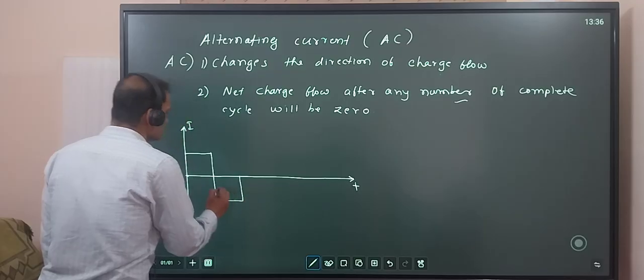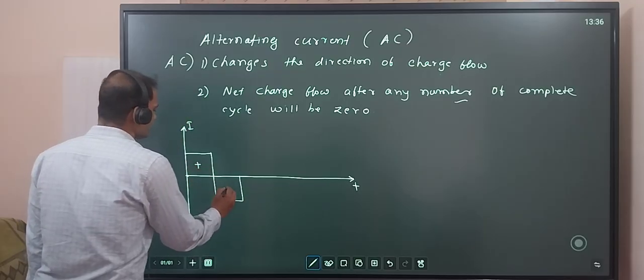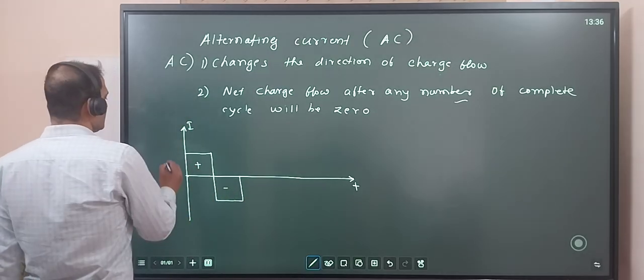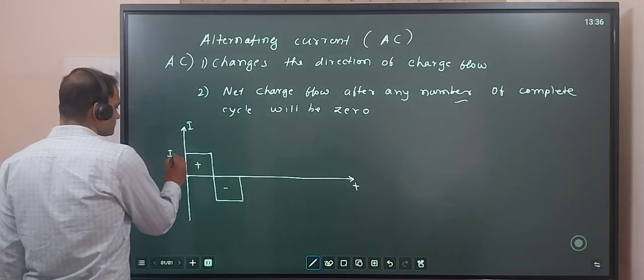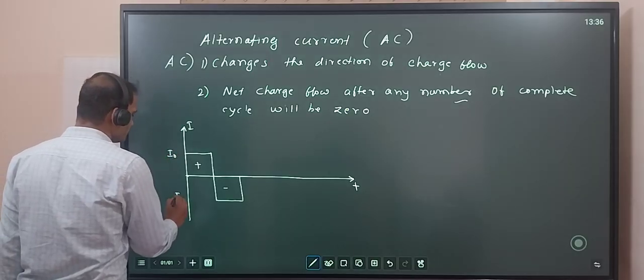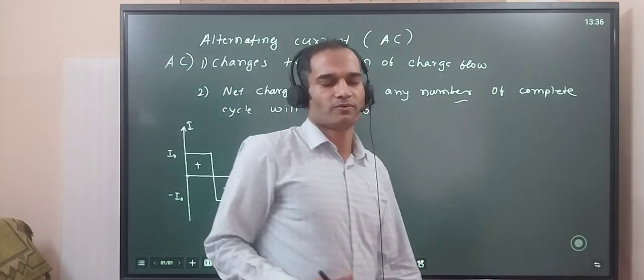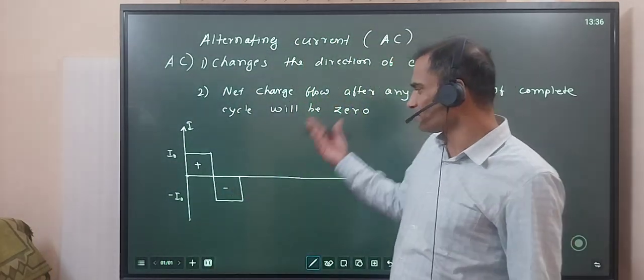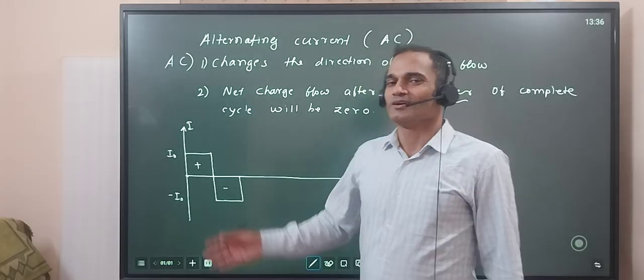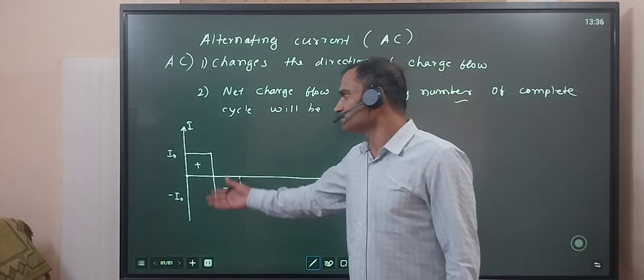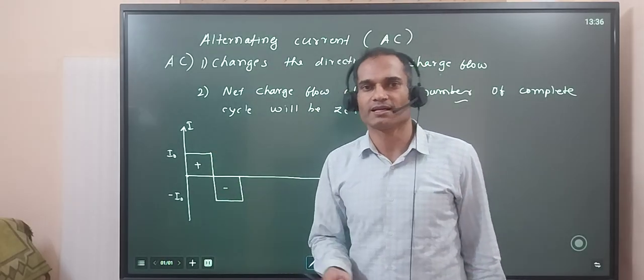So it has a positive half cycle and a negative half cycle, and the magnitude of current remains the same. The only thing is that the sign of the current is changing.